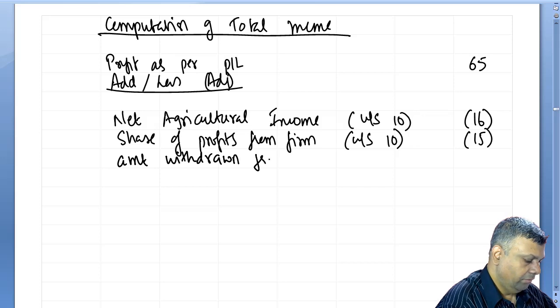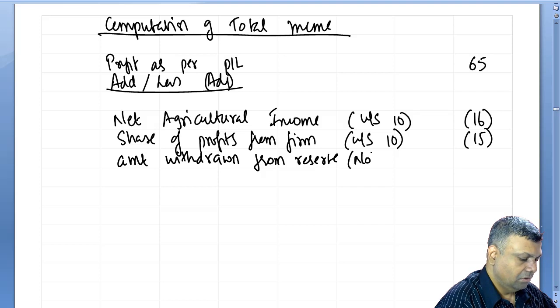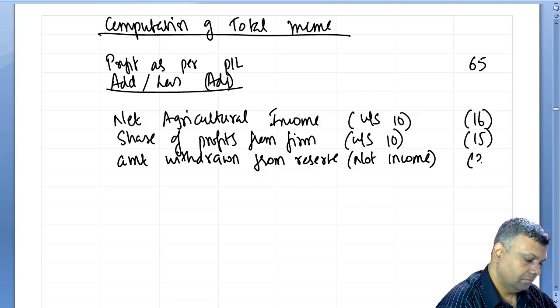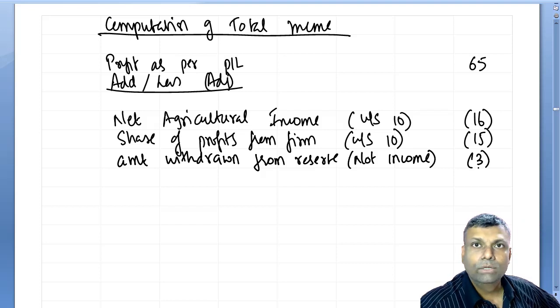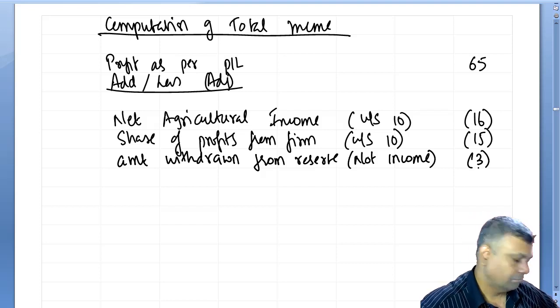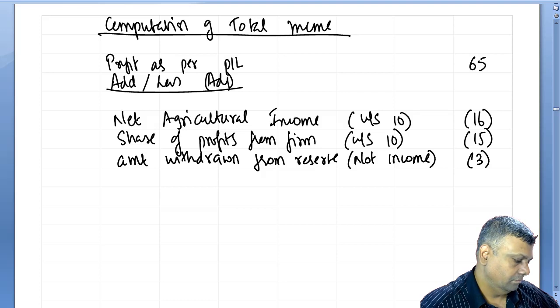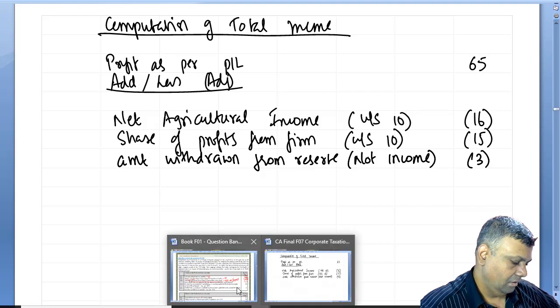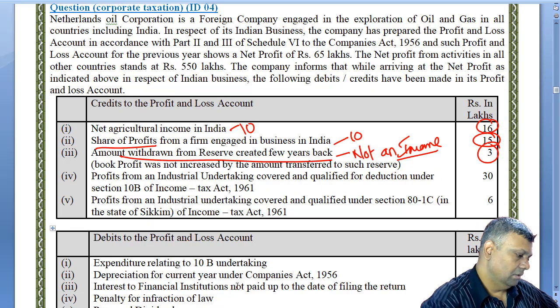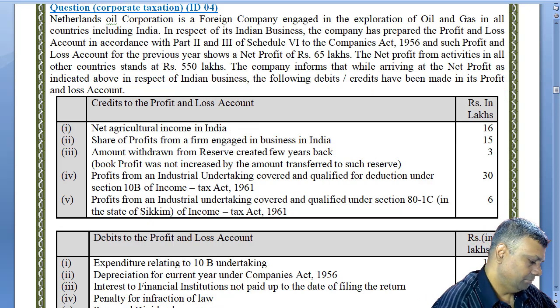Amount withdrawn from reserve is not the income of the assessee. So reduce 3. Okay, proceed.